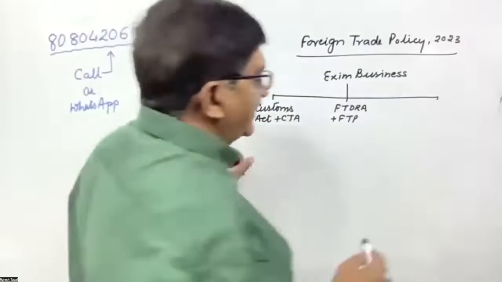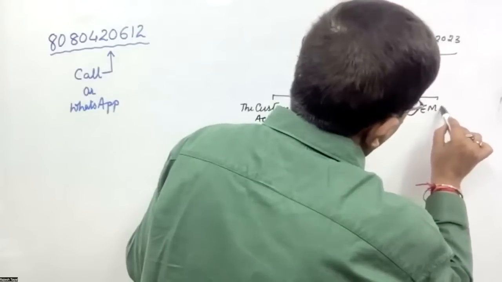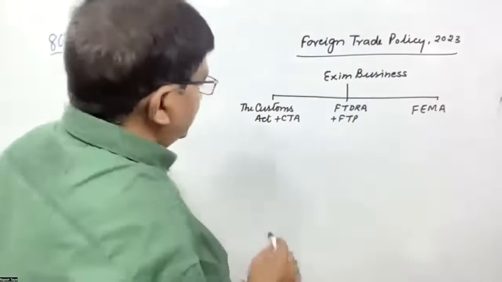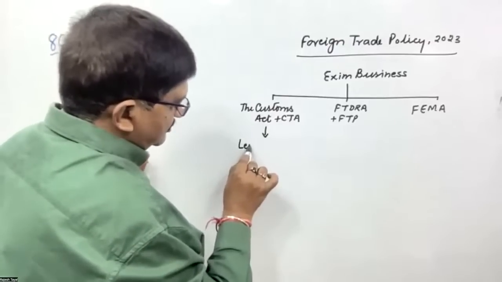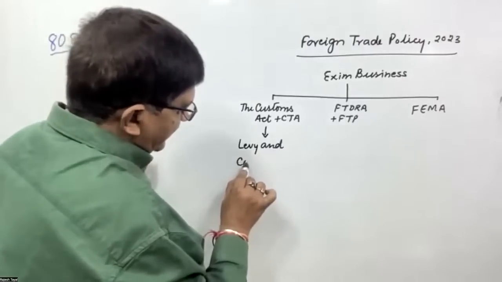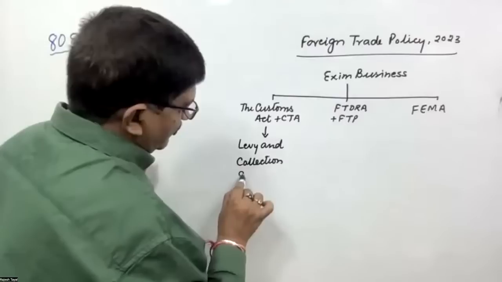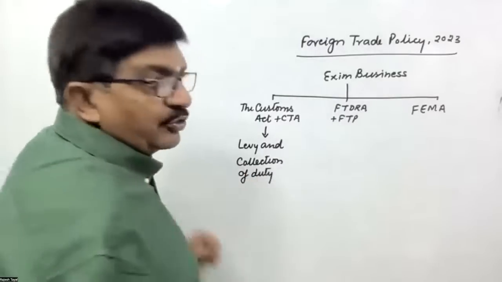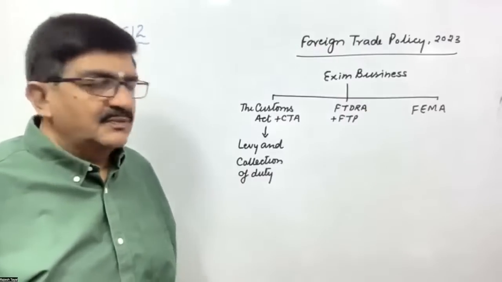And next one that we have, that is Foreign Exchange Management Act, right? These two are about levy and collection of duty, right?